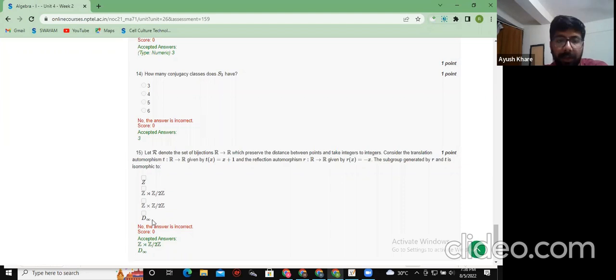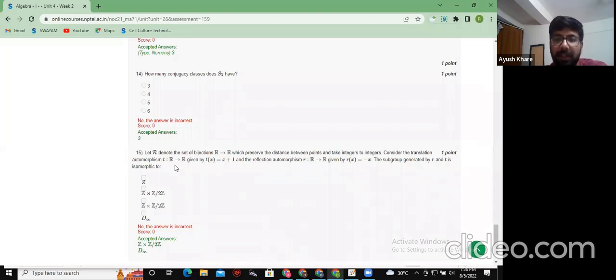I'm not going into the definition of D infinity, but it's already in the notes. You can revisit your notes and define the isomorphism very easily, because the reflection R acts the same as the cycle (1 2), and the translation is just sending x to x plus 1.